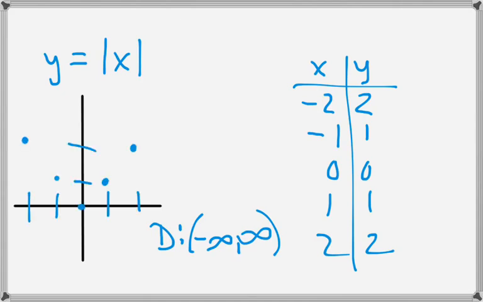So we get a symmetric graph. It's symmetric about the y-axis, just like our parabola was. But this one's not a parabola because the slope between each pair of points is the same. So these points on the right half are all falling on the same straight line. And then these points on the left half are all falling on the same straight line. So we get this V shape here for our absolute value graph.